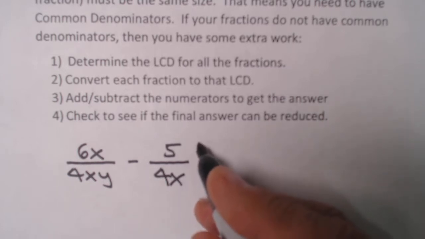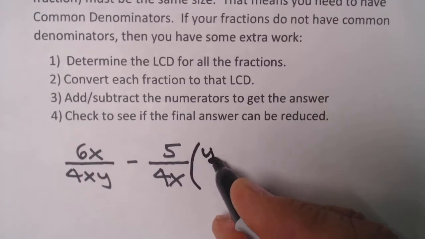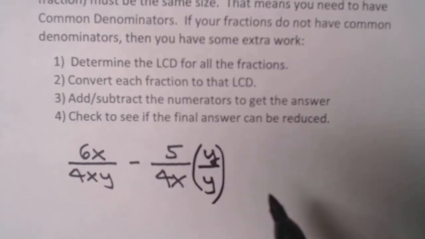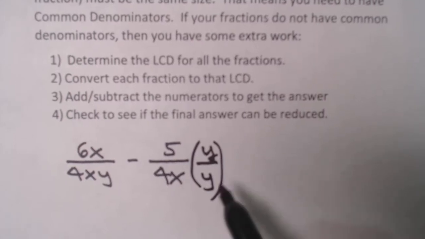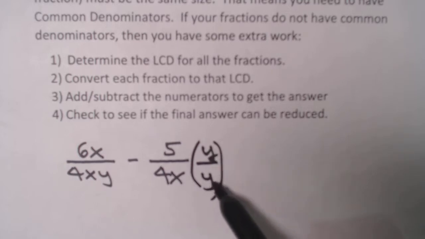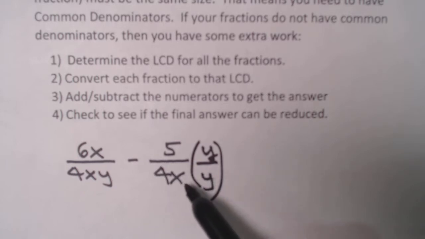We can always multiply the top and bottom of any fraction by the same thing. For instance, if I multiply the second fraction by y over y, isn't y over y equal to 1? Yes. Do you ever change the value of anything when you multiply it by 1? No. You can change what it looks like, but officially it still has the same value.